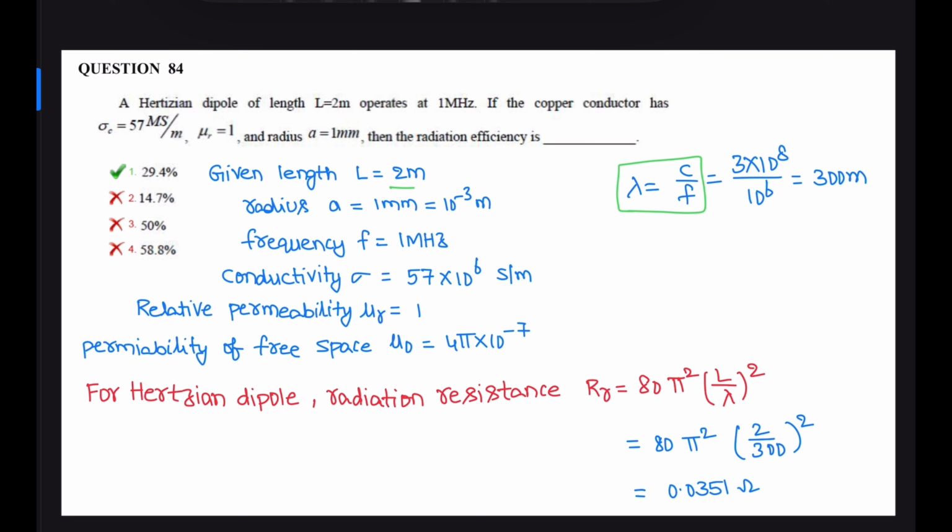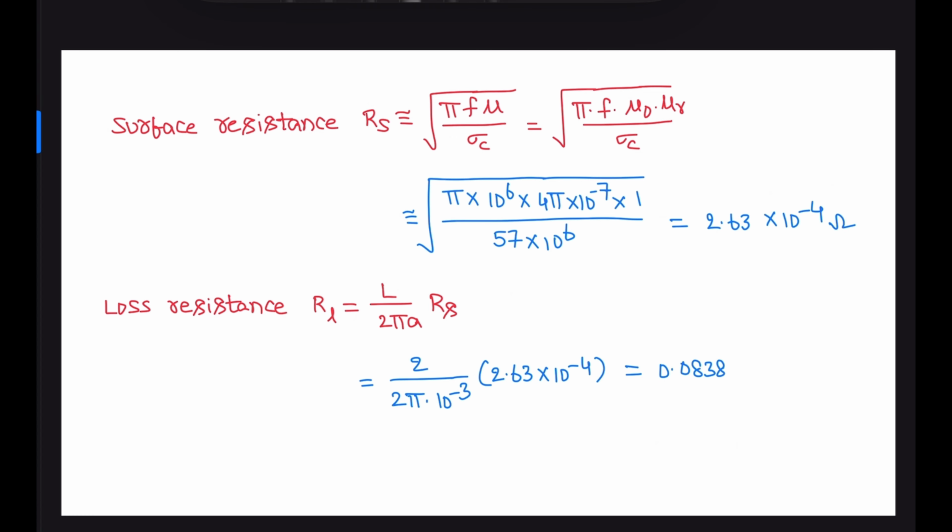Substitute those values, we will get radiation resistance 0.0351. Then we need to calculate surface resistance to get the loss resistance. Surface resistance formula Rs is under root pi f mu by sigma c, where mu can be replaced as mu naught mu r.